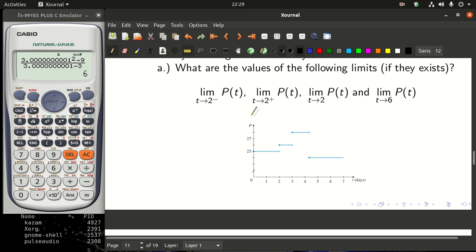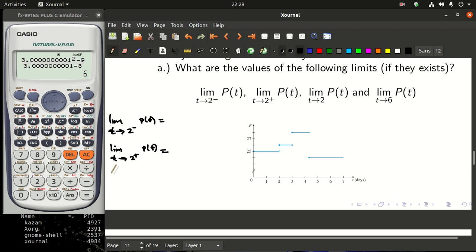Now, the first one that I want us to look at is this limit here. I'm going to write here the limit as t approaches 2 on the left of p of t. What is the value of it? The limit as t approaches 2 on the right of p of t.